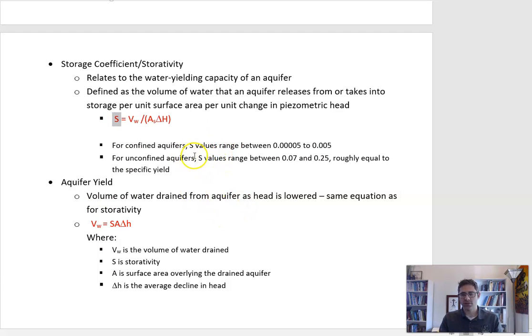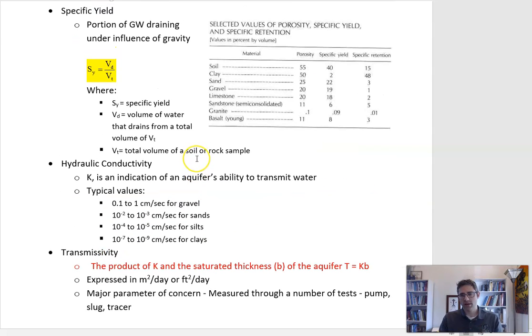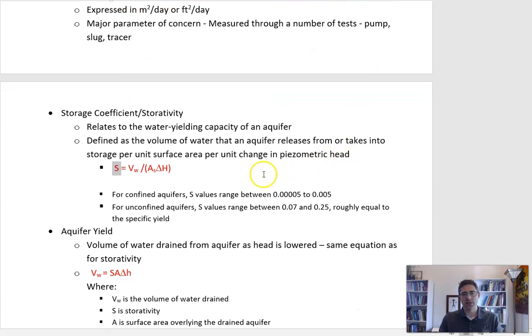And again, the storativity relates to both the specific yield and the specific retention. There's actually an equation for the storativity that's based on the specific yield and specific retention values that I'm not presenting in class, because typically, as an engineer, we'll look up a value of S for different soil types, or we'll have a geologist report to us what the storativity is.